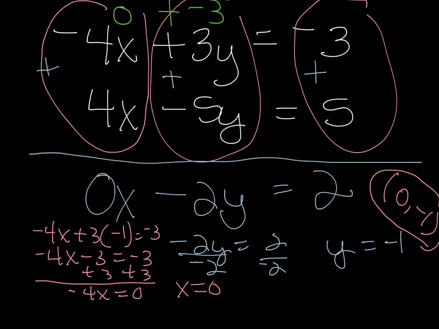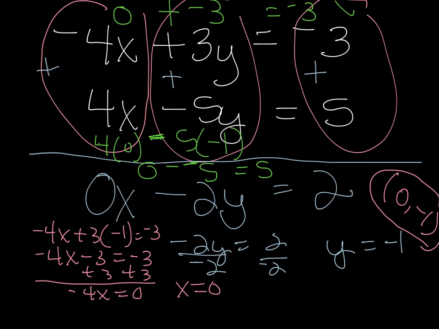Is 0 plus negative 3 equal to negative 3? Yes, so that one checks. In the bottom equation, 4 times 0 is 0. Minus 5 times negative 1, that's negative 5. So I have 0 minus negative 5. Is that positive 5? Yes, so now it checks in both of them, so I know my answer is correct.